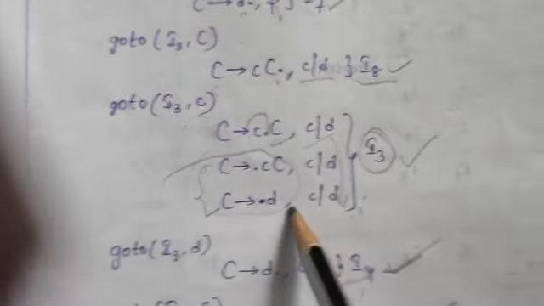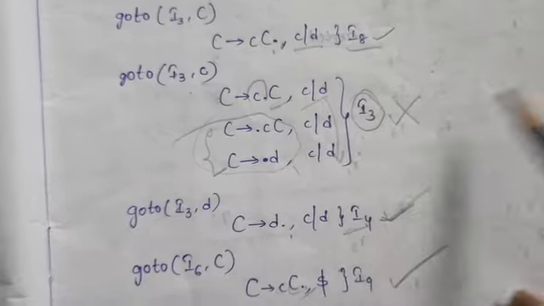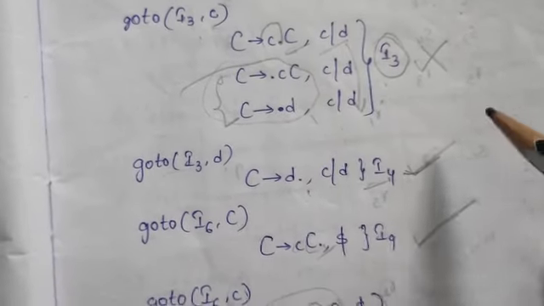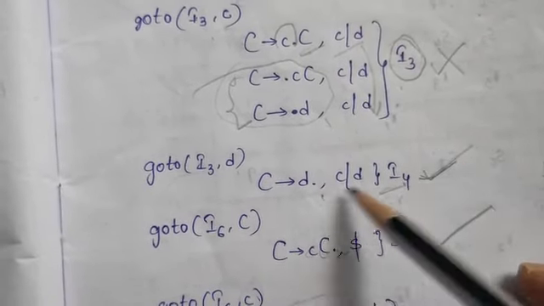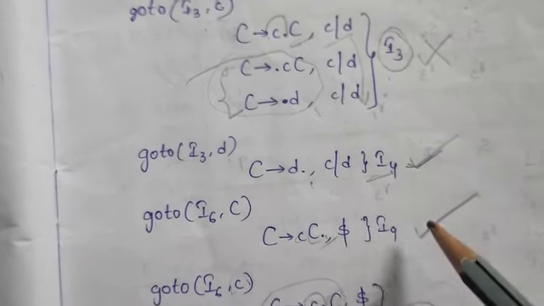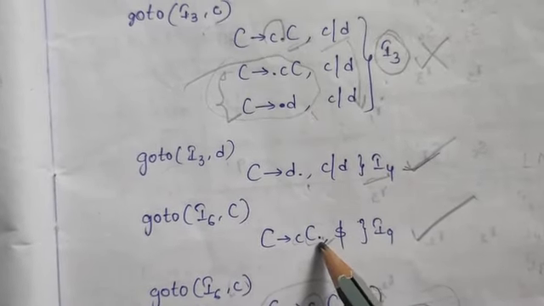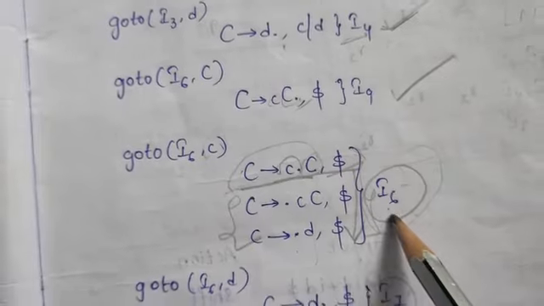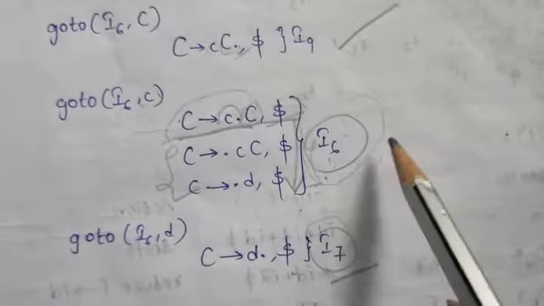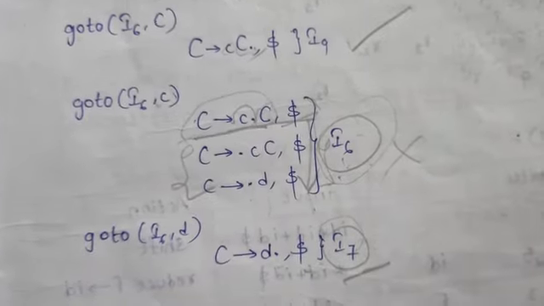And here I3 is already completed. Before, I3 was totally completed, so no need to do this one again. So in I4, the dot is already moving to the end of the state, and in I9 the dot is moving to the end of the production. In I6, it will already be completed here, so no need to do it again; skip this one.